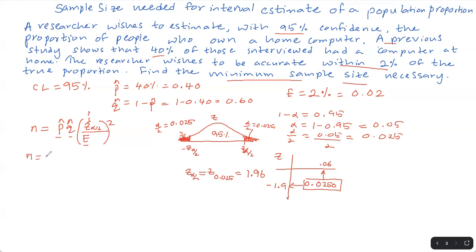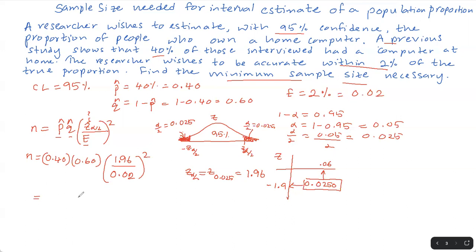Okay. And we know everything. Now let's calculate the sample size. P hat is 0.40 times Q hat is 0.60 times the Z alpha over 2 value, 1.96, divided by the margin of error, 0.02, and then take the whole square.